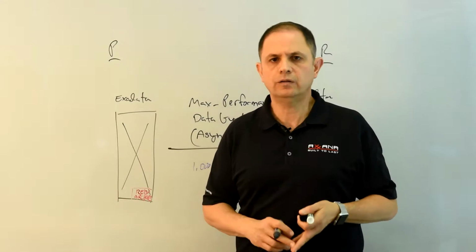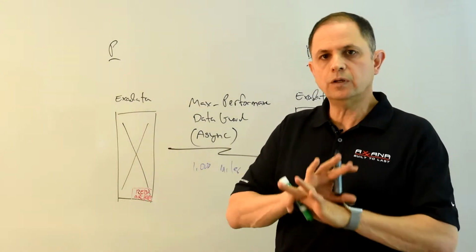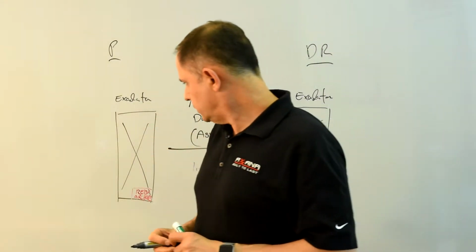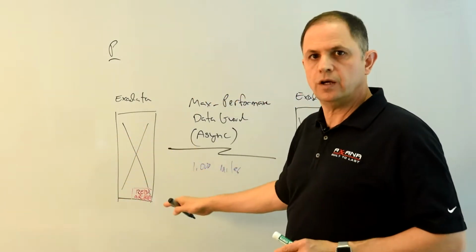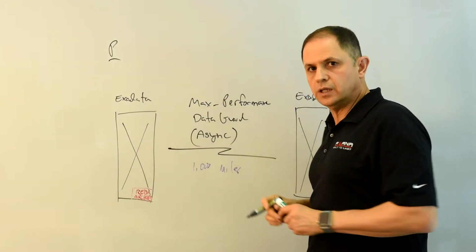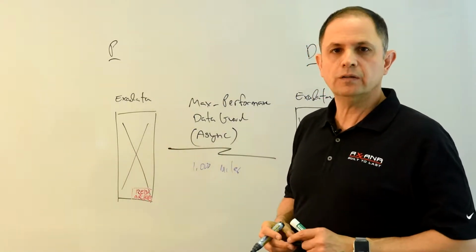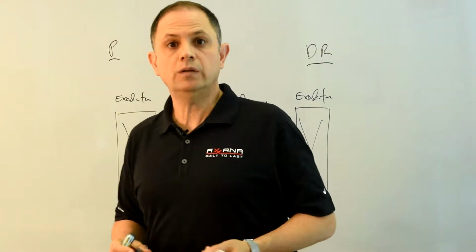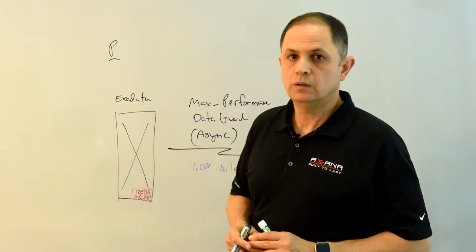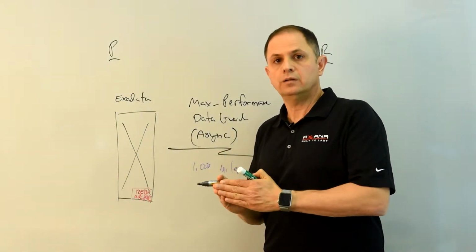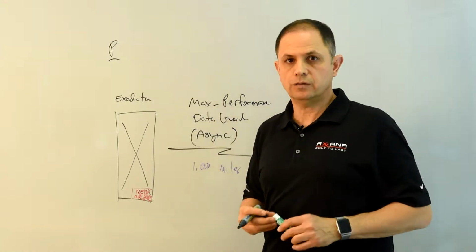If you have a fire, if you have a flood, and everything goes off, these last transactions have not made it yet to the other side. So we have sometimes 5 seconds, sometimes a minute, sometimes more, of lost data in a case of asynchronous replication.